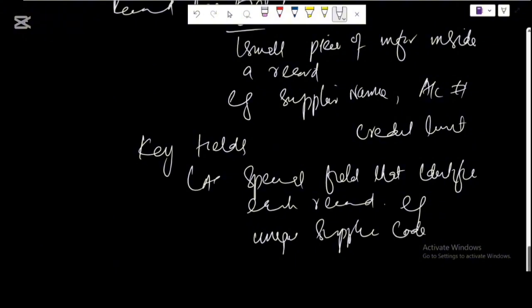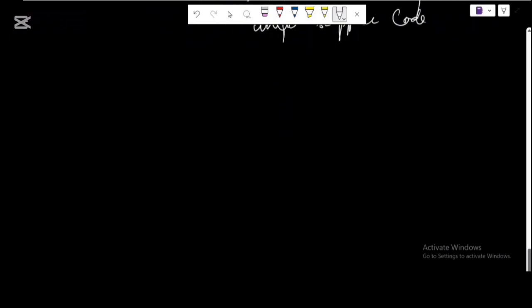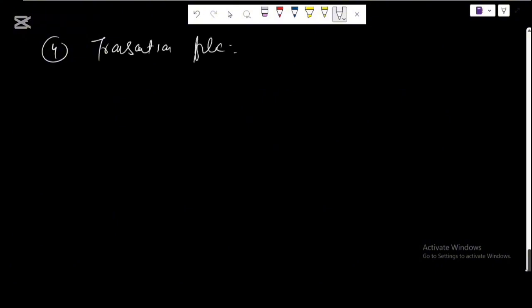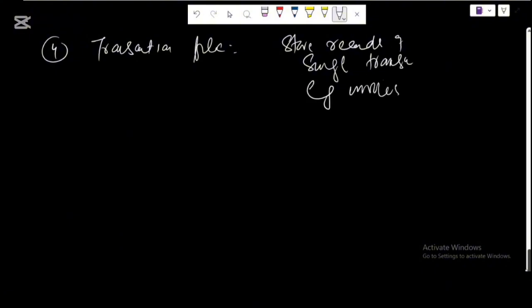Clear? Now let's move on. We have another term, and that is your transaction file. As the term indicates, these are the stored records of single transactions. For example, you may have invoices. So these are your transaction files.